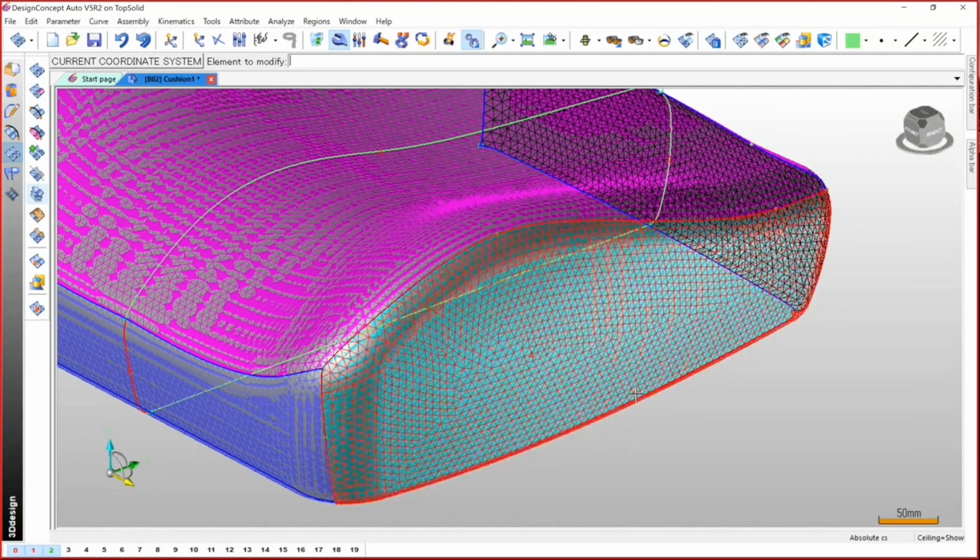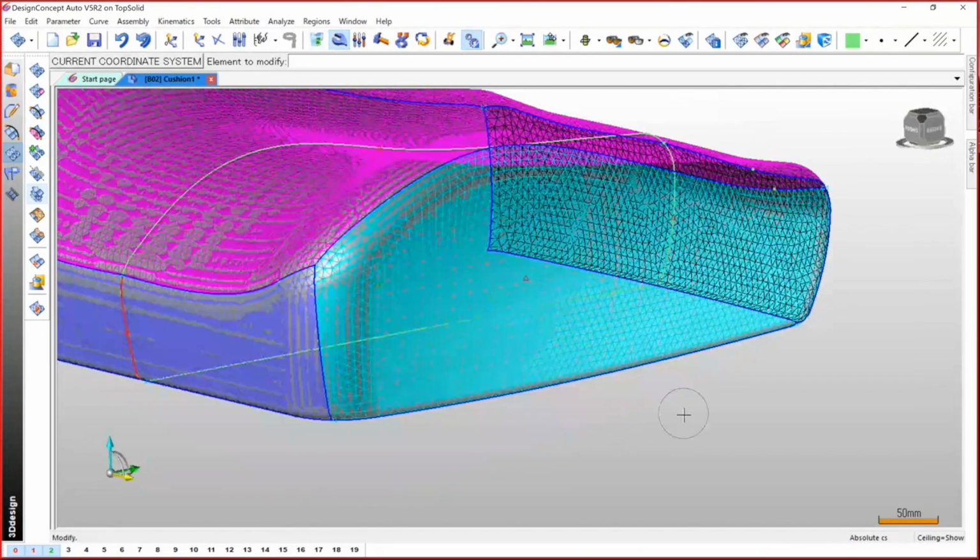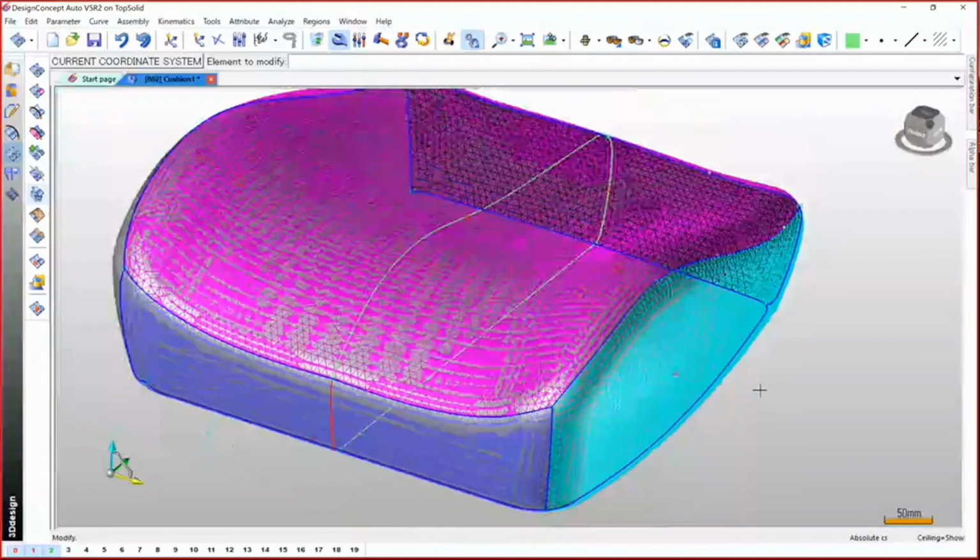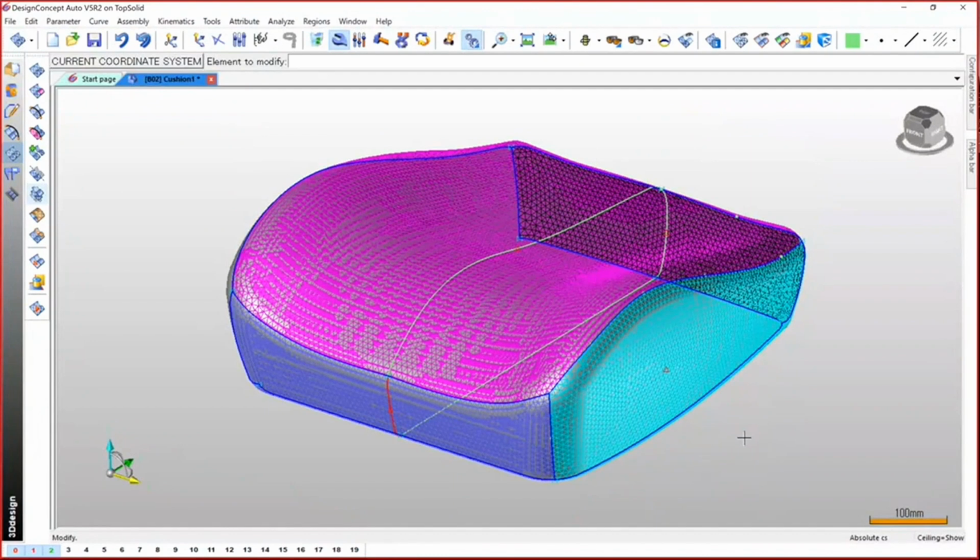If you're going to design complex parts, small parts, then you had better use a small size of triangle mesh.